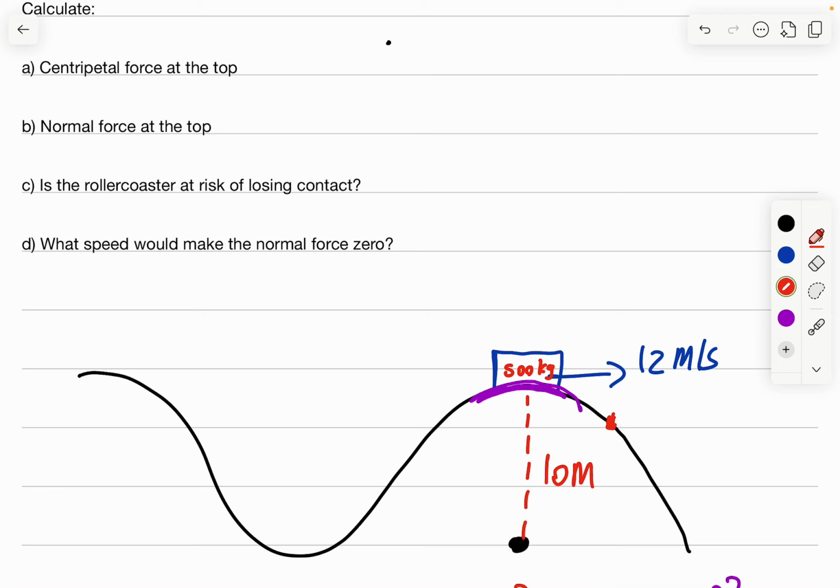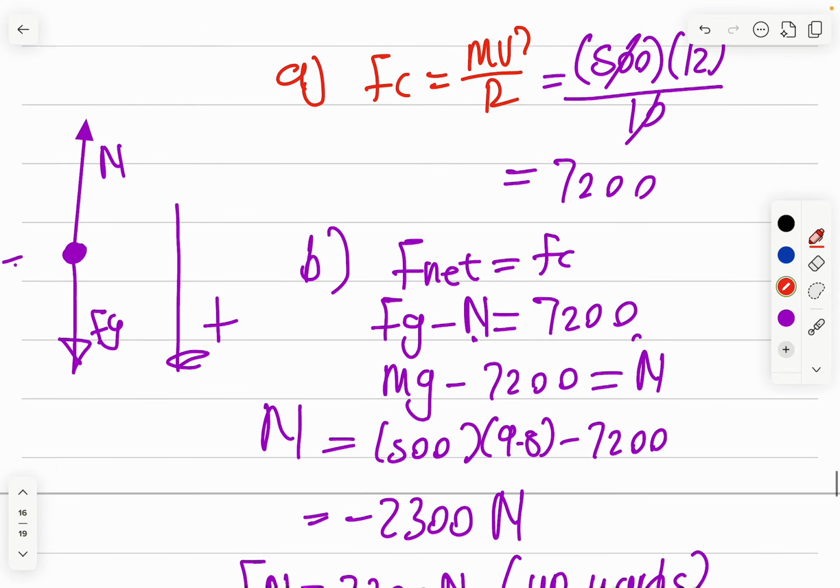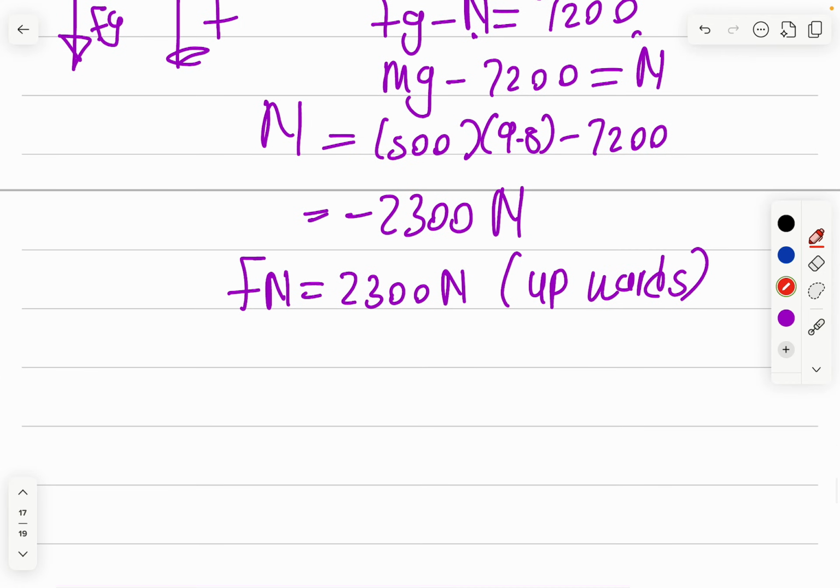Will it move this direction and fall, or will it move this direction and then fall like this? For it to be at risk, let's calculate the minimum velocity that is needed for that thing to not fall.